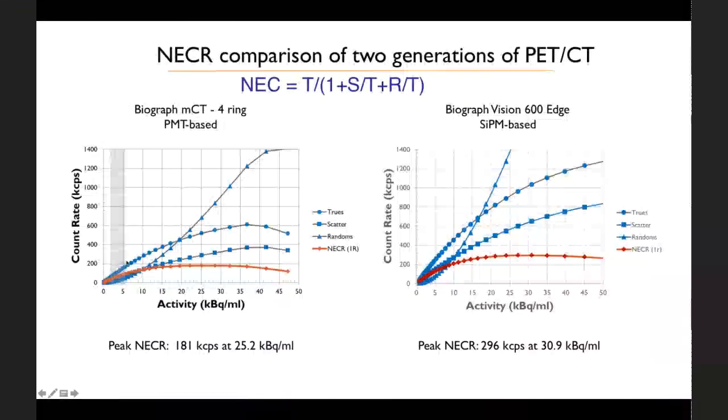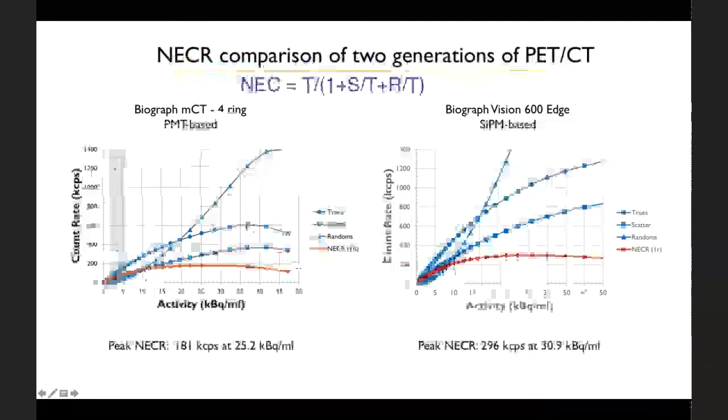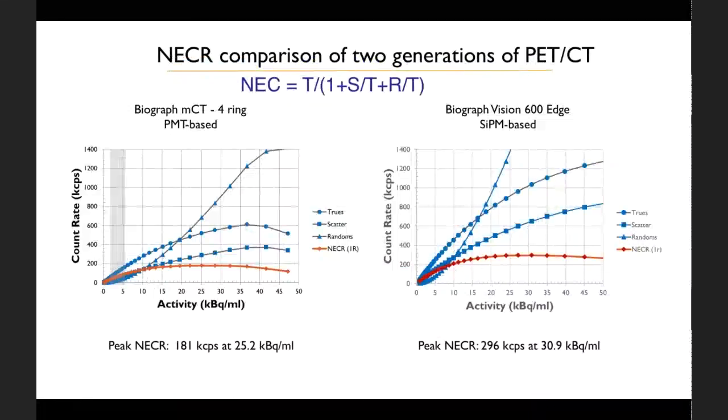And you see here the trues comes up, and then it reaches a point where the dead time and the pulse pileup actually results in a decrease in the number of trues that are recorded. The part that's shaded here indicates where we're operating in the clinical realm. So it's actually way down in this part. So that's the generation before, and this is the new generation.